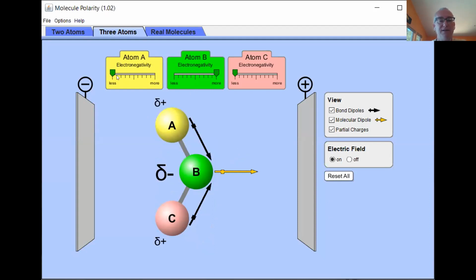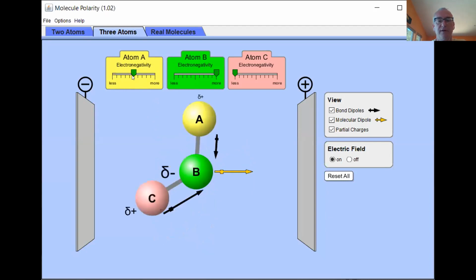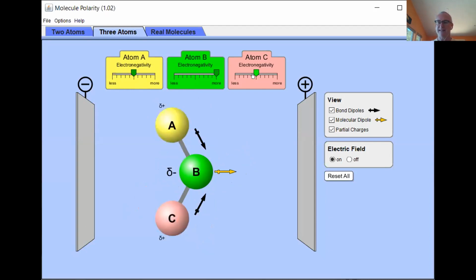But if I make these two bonds less electronegative, the overall size of that molecular dipole goes down. Because in this instance, we're not changing the angle, we're changing the absolute size of the bond dipoles.